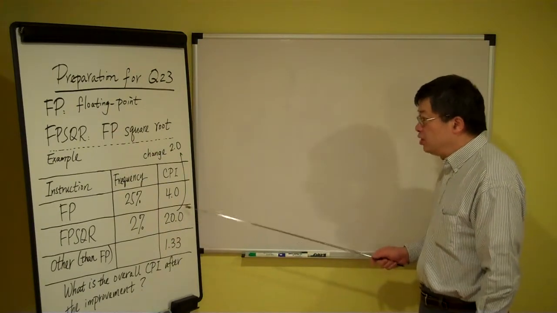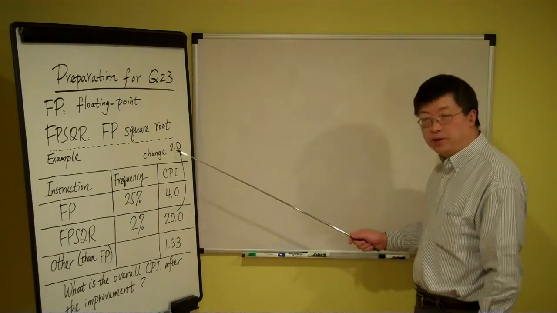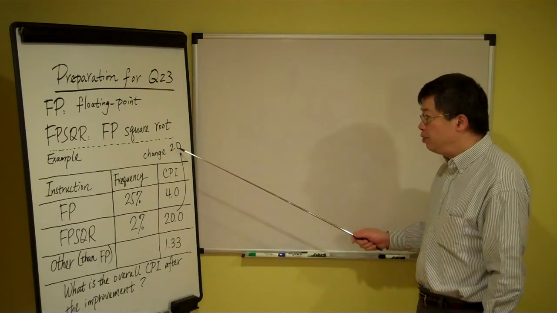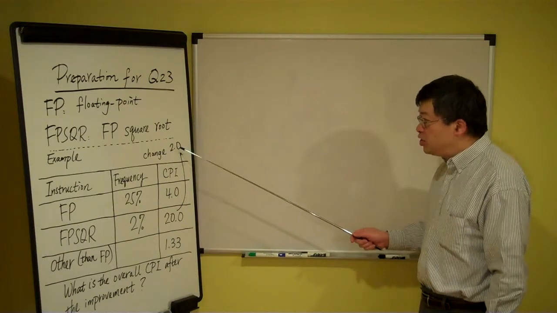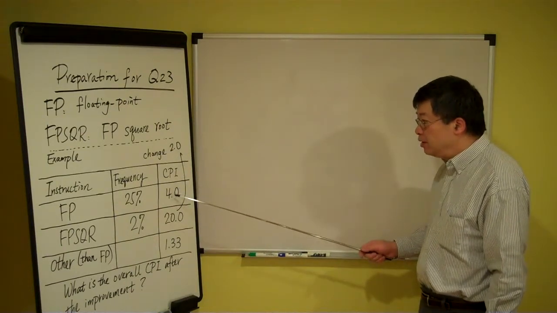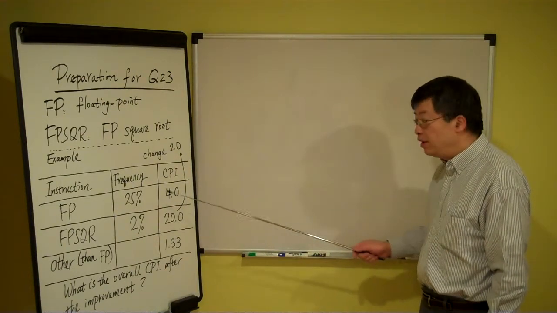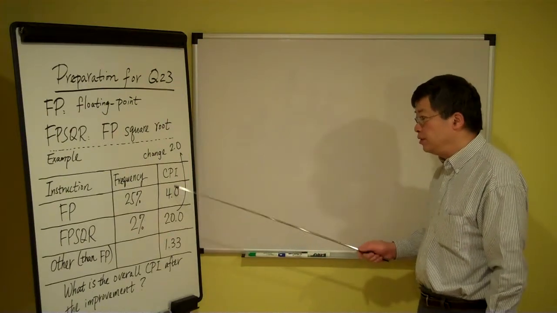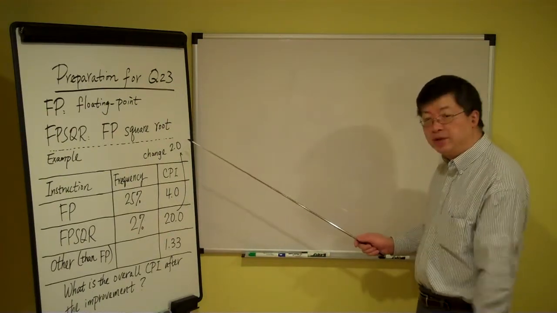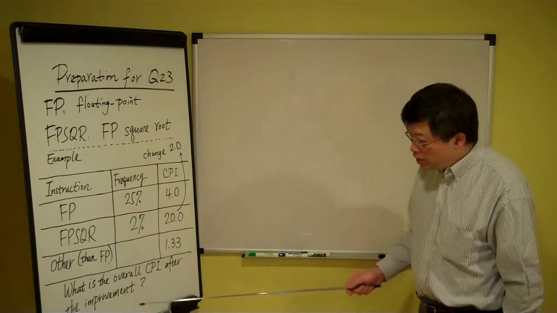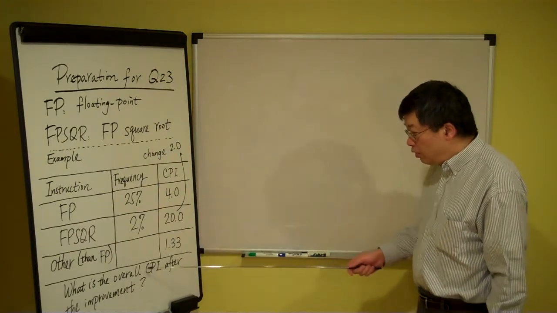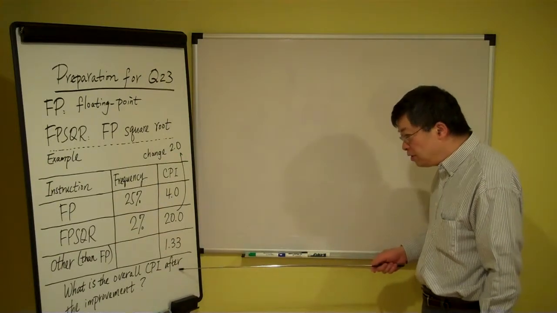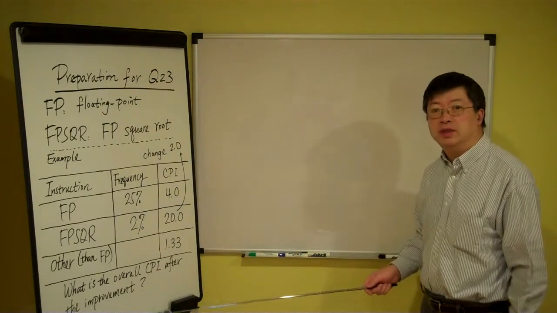For this question, it is reduced to 2.0. So big improvement. You can see it is even smaller than other FP operations. Whatever, we just take the number here. The question is, what is the overall CPI after the improvement?